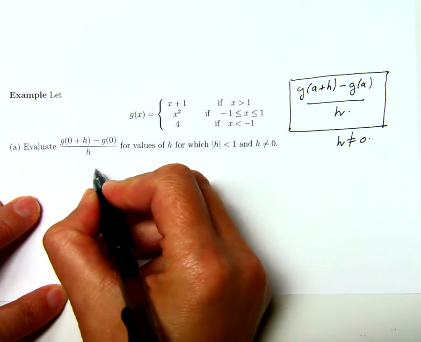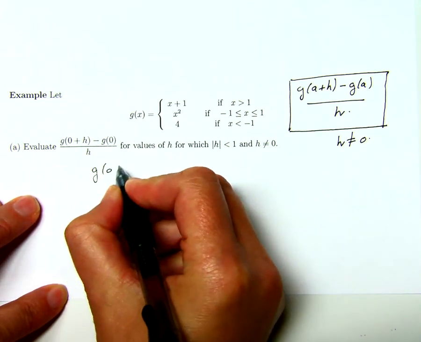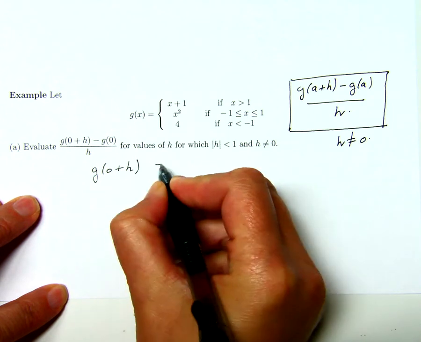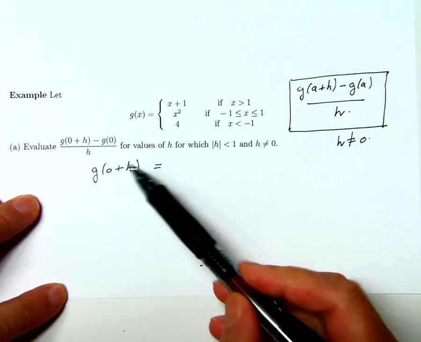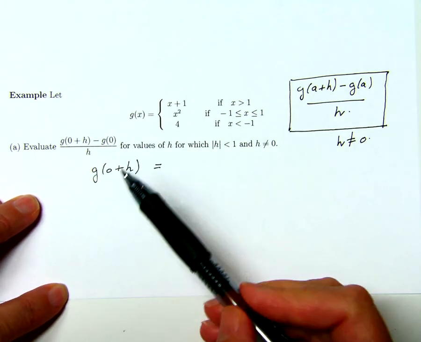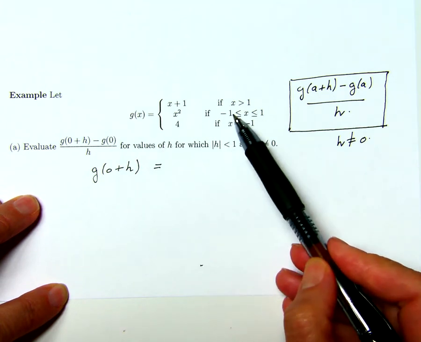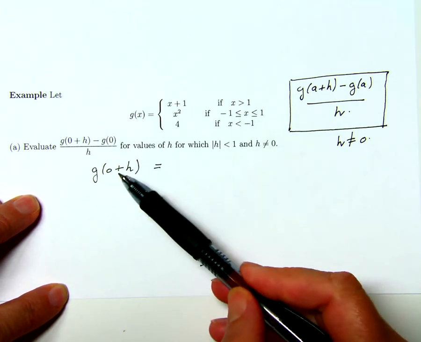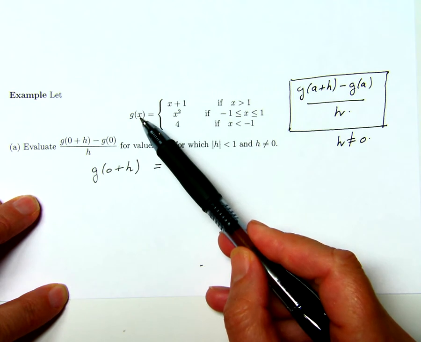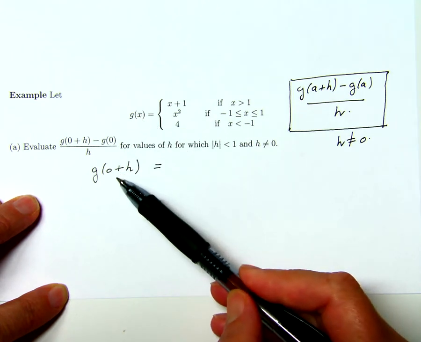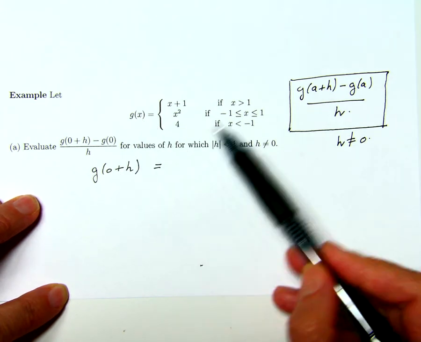So we have some things to calculate here, g of 0 plus h. And now, how can we tell which category 0 plus h is in? We're going to substitute 0 plus h for x here. And the next step is to figure out what category 0 plus h is in.